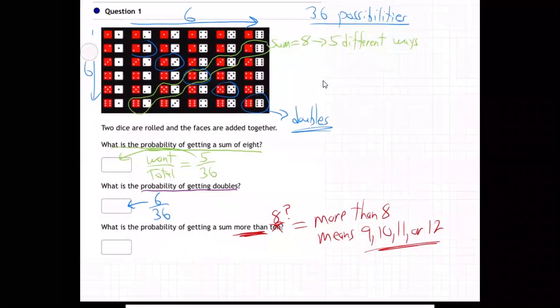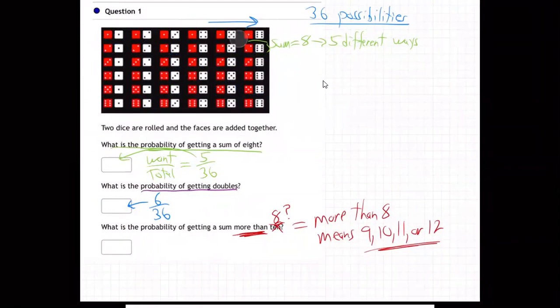Well, let me erase what we've already done here. You can see it better. And I'll find a sum more than 8. Well, that would be all these guys are a sum of 9, aren't they? See how all those, 3 and 6, 4 and 5, 5 and 4, 6 and 3, all those sum to be 9.